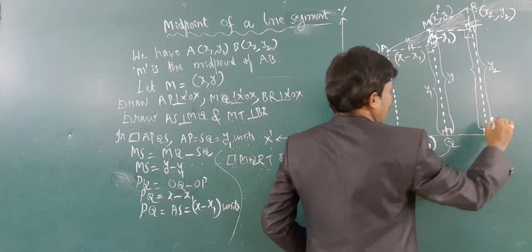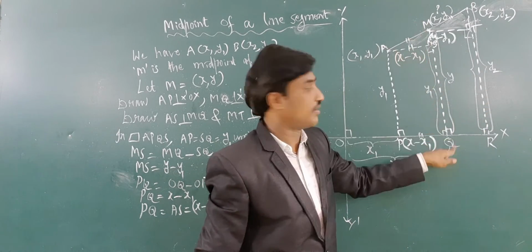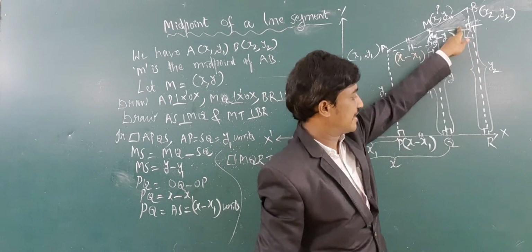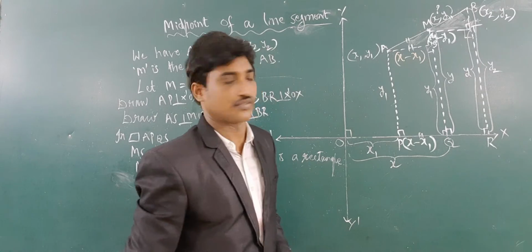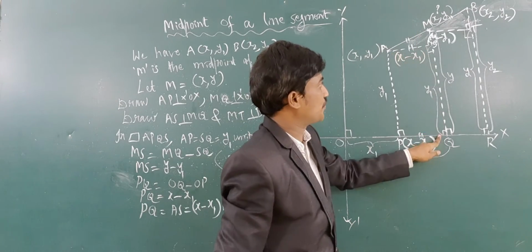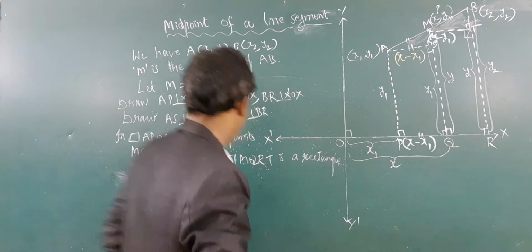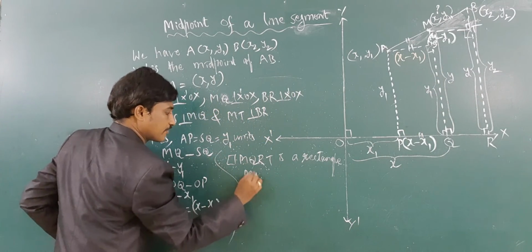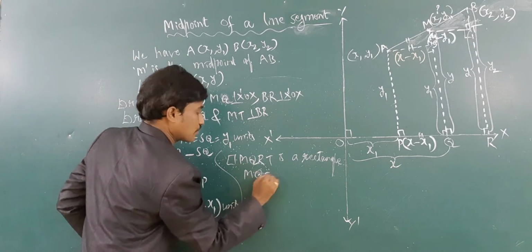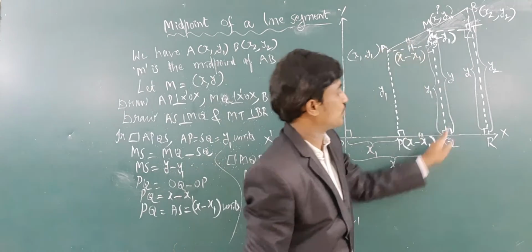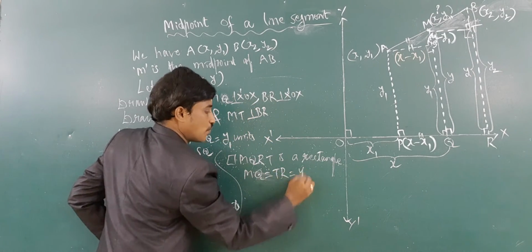As MQ length is y units, TR length is also y units. So MQ is equal to TR is equal to y units.